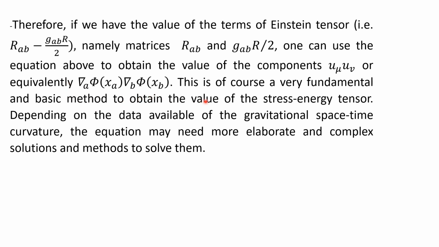This is, of course, a very fundamental and basic method to obtain the value of the stress-energy tensor. Depending on the data available of the gravitational space-time curvature, the equation may need more elaborate and complex solutions and methods to solve them.